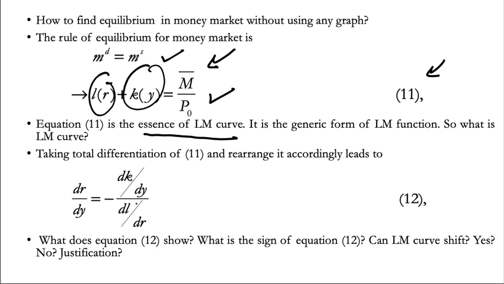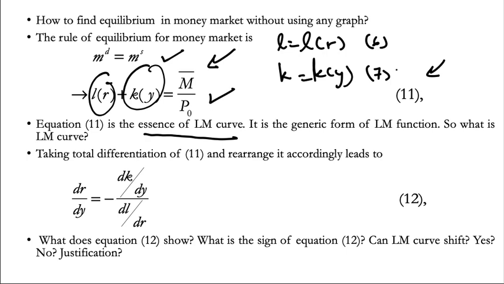So then you must decide carefully. If you can remember, we have this and this. This L, which is speculative demand for money as a function of interest rate, is number 6 in the previous slides, and this one number 7 in the previous slides.